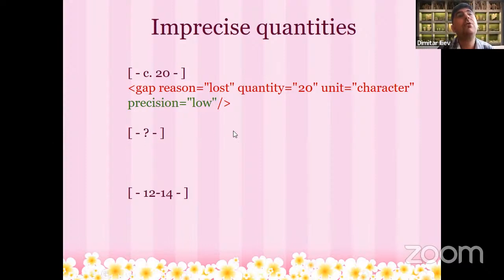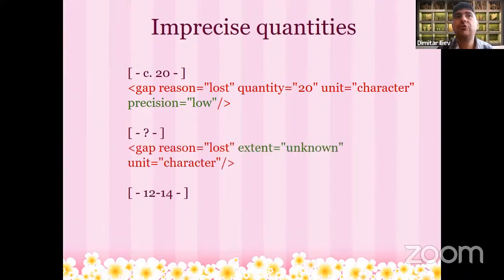If we don't know exactly what is lost, then you don't need to add a precision tag. You simply add gap reason lost, extent unknown, unit character, or line. You have the beginning of an inscription, which is damaged at the bottom part.